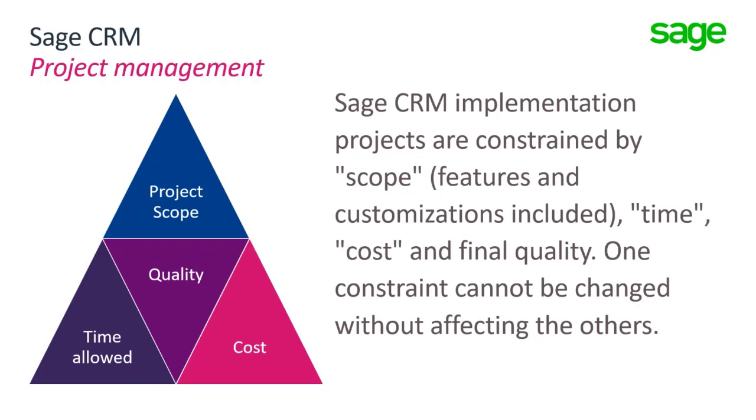We run into problems within projects when we're trying to balance the time available, the cost in terms of the amount of resources that is available to us, and the project scope, what we intend for the project to do. And if we think about Sage CRM, Sage CRM advertises itself as being the sales, marketing and service modules for a Sage accounting system.